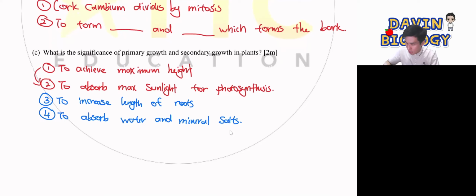But for secondary growth, it's diameter. So it's to increase the diameter of the plant. Diameter basically provides mechanical strength, mechanical support.